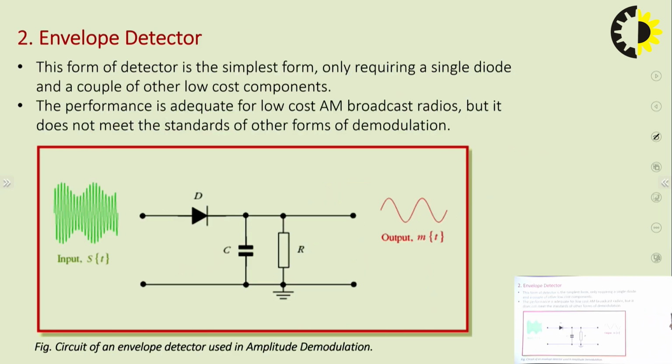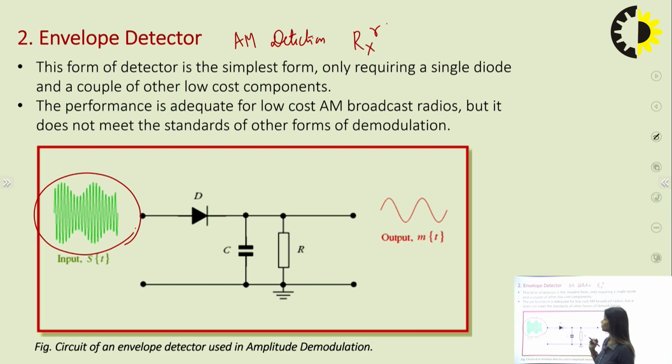Now the second demodulator circuit is the envelope detector. This is a very simple type of demodulator. Again, this AM detection is being performed at the receiver end, right? What we have received is the amplitude modulated wave. This amplitude modulated wave is applied to the input of the envelope detector.